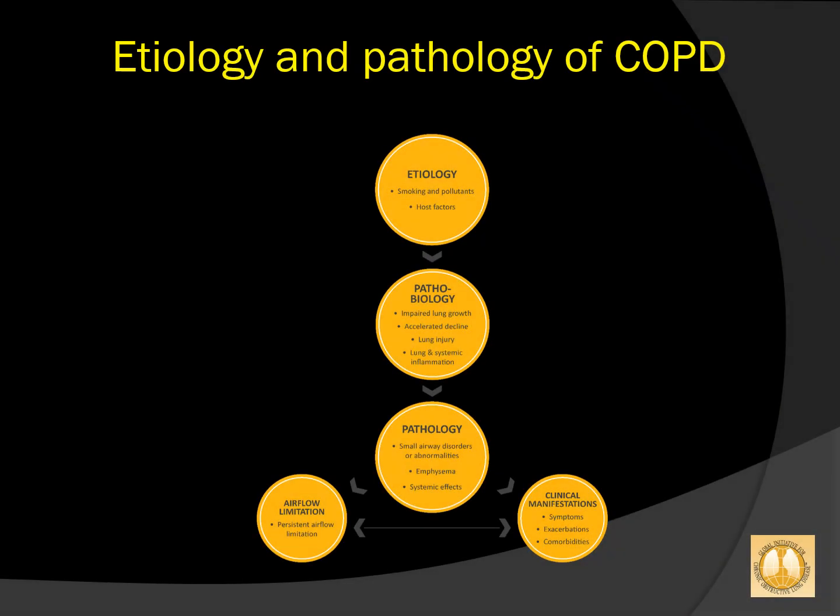Here's a map of the etiology and pathology of COPD taken from the GOLD Initiative. Frequently, the etiology is a combination of environmental and patient factors such as smoking and pollutants, as well as patient predispositions such as genetics. There's pathobiological factors such as impaired lung growth, accelerated decline, lung injury, and systemic inflammation.